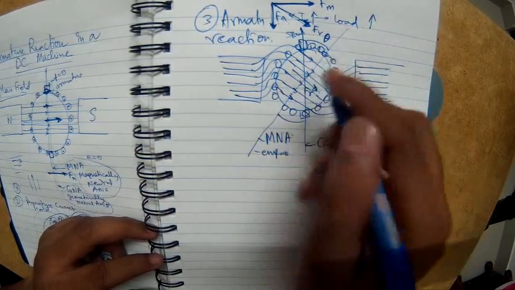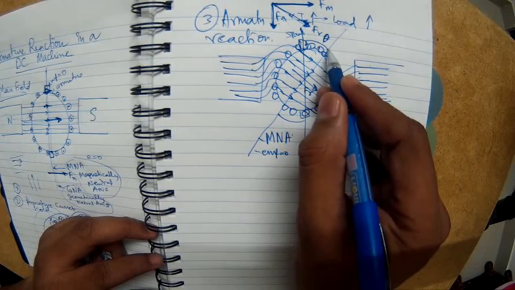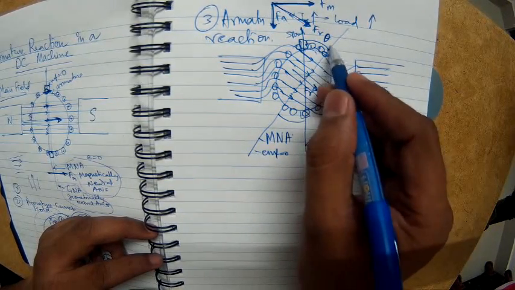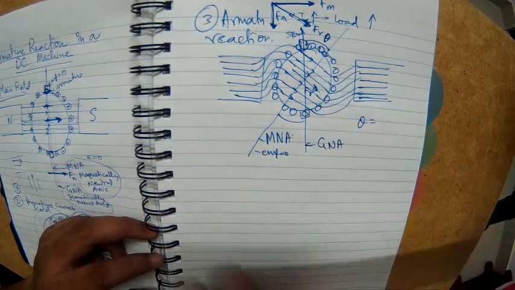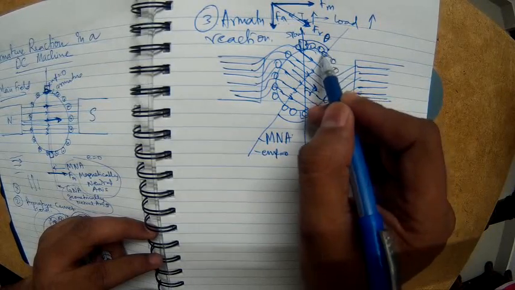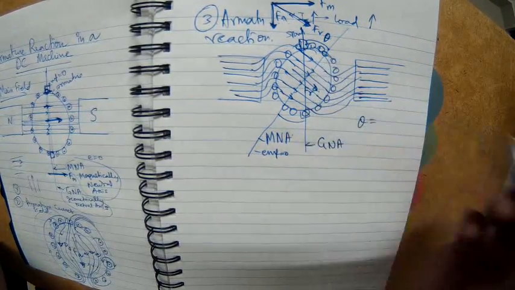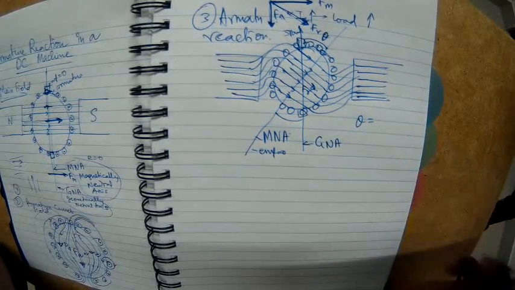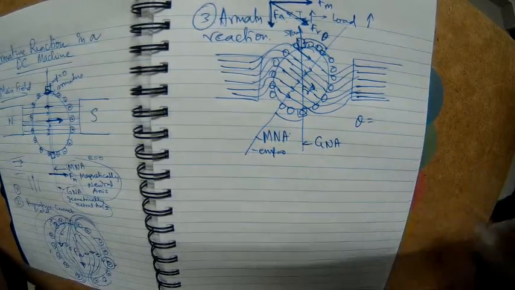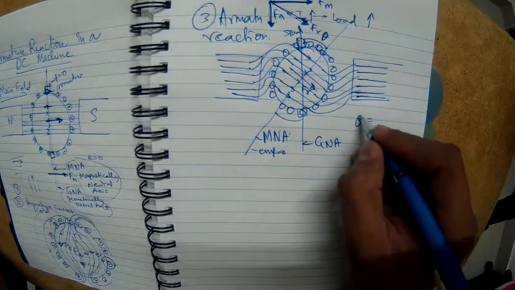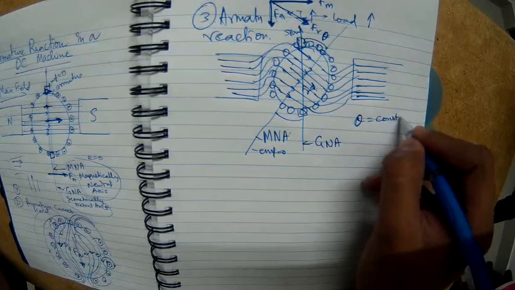To avoid this sparking, the brush position must be rotated by theta degrees, so that I am able to change the connections when the EMF is 0 in this and current is 0 in this. If I do it at that time, then the sparks will not be there. So that is the first effect of armature reaction. Now if I ask a question, is this theta constant?